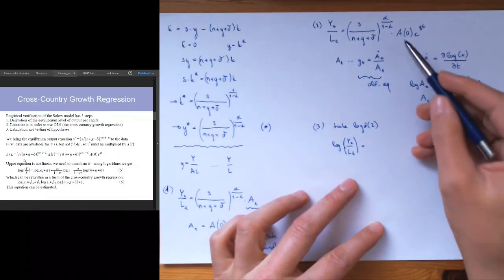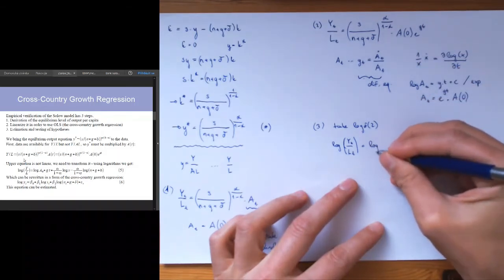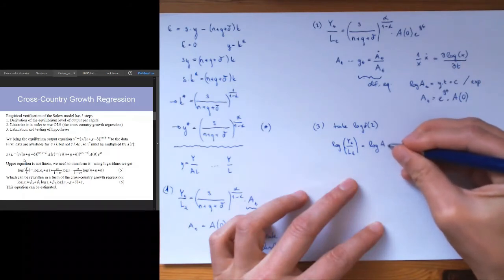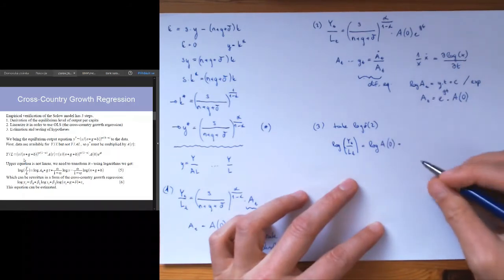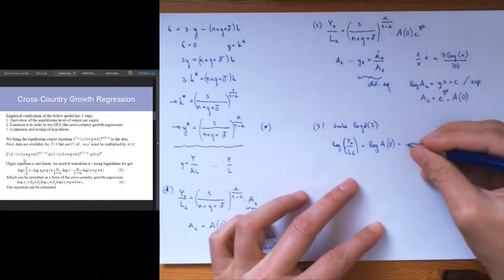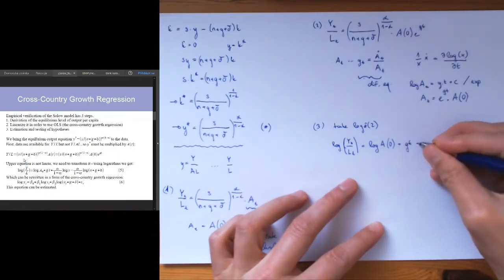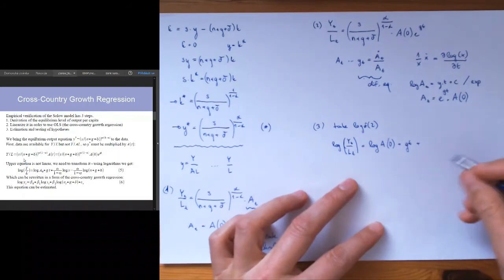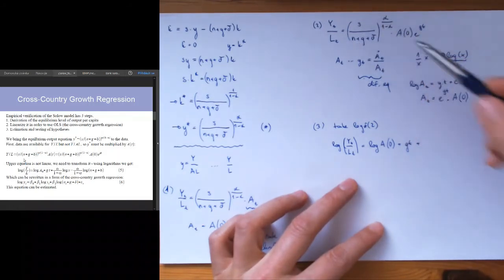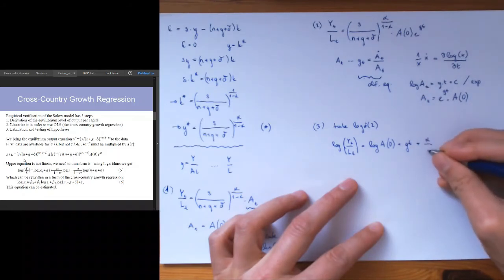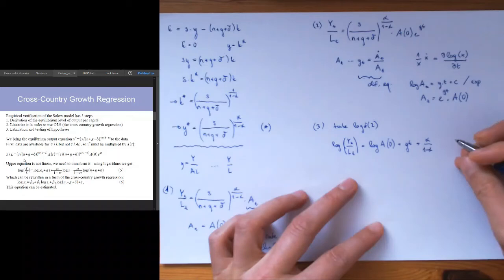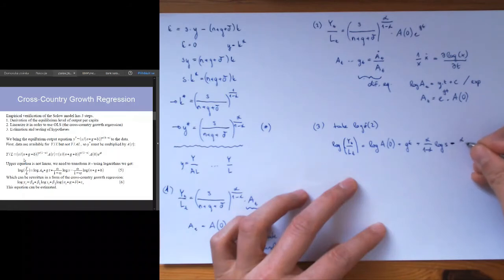So we have here the logarithm of A0, plus the logarithm of e to the power of gt, which is simply gt, plus the logarithm of this expression, which leads to alpha over 1 minus alpha logarithm of s minus alpha over 1 minus alpha logarithm of n plus g plus delta.